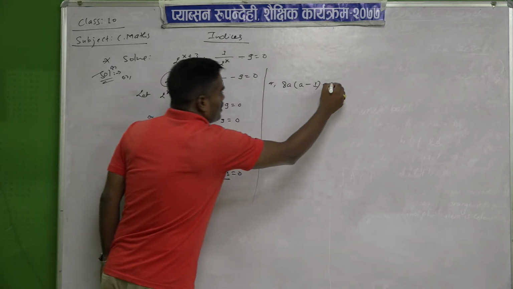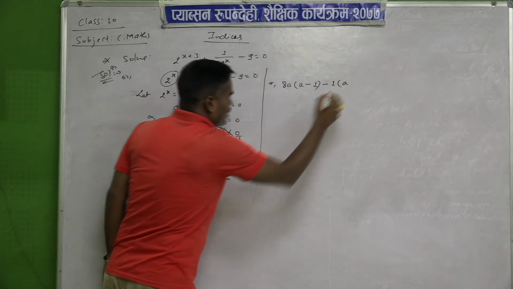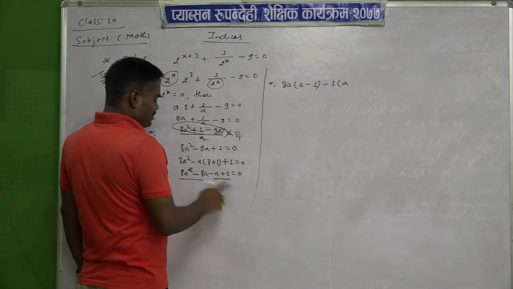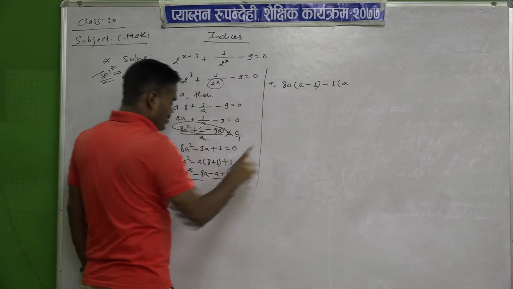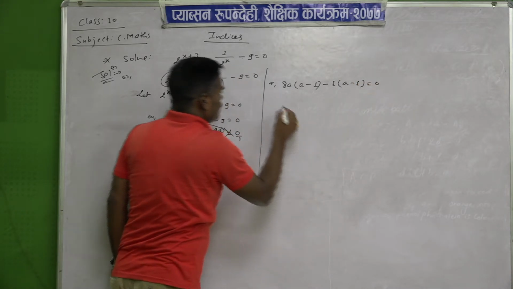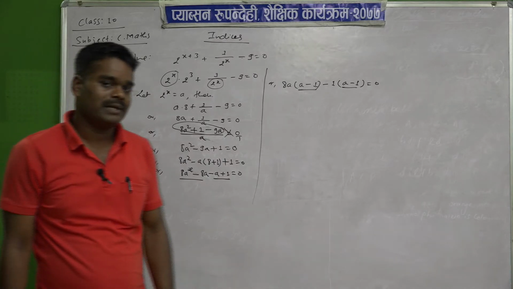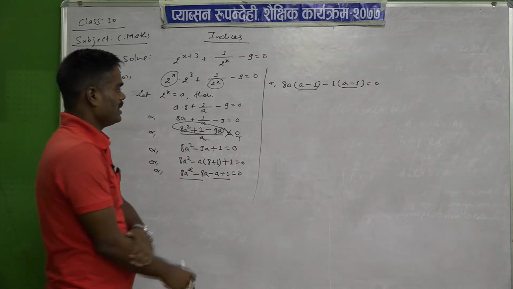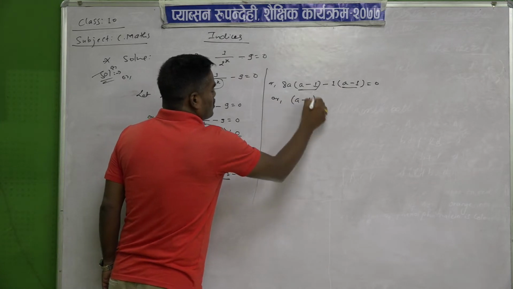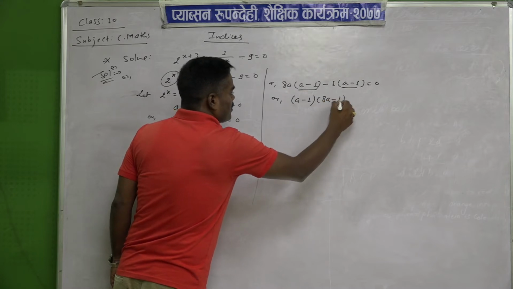So take 1 common, so a minus 1, equal to 0. Again you are watching, in both terms what is common? A minus 1 is common.